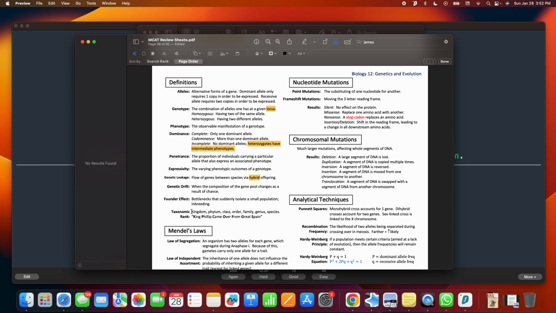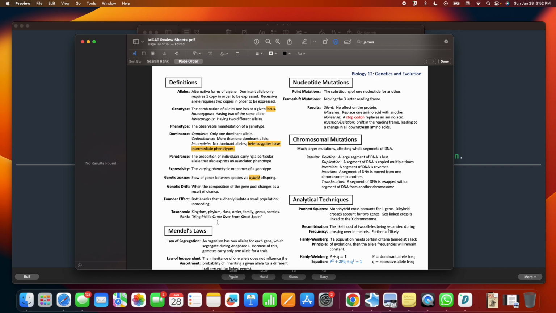But we have King Philip came over from Great Spain. K for kingdom, Philip for phylum, however you say it.